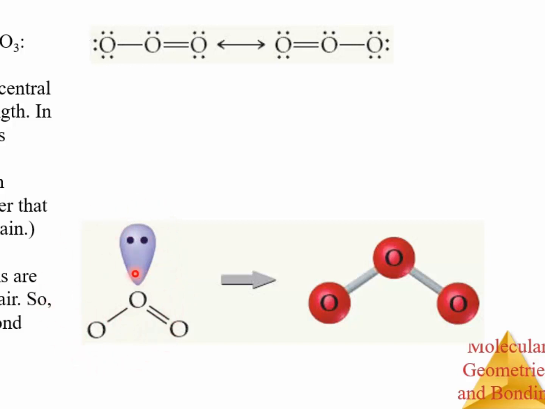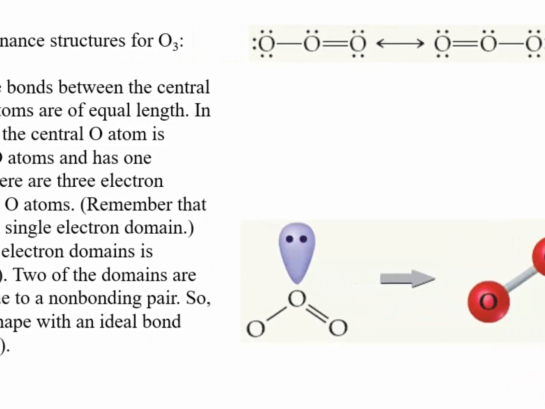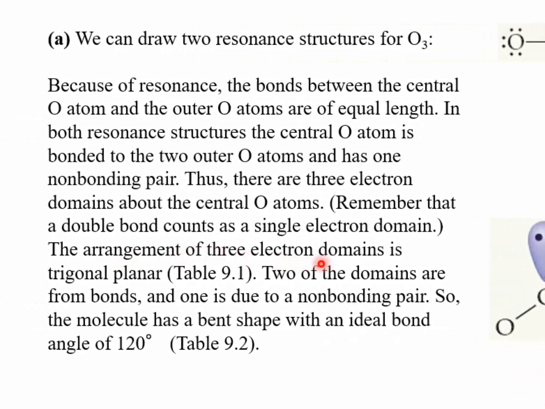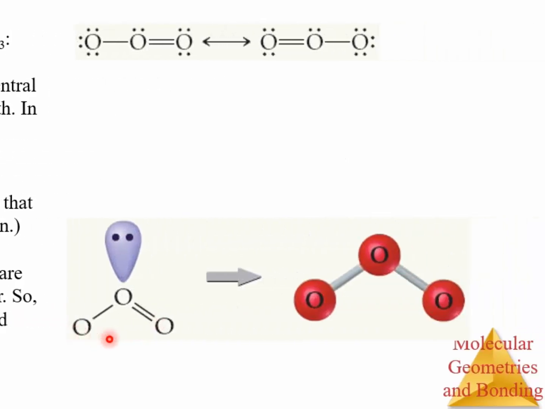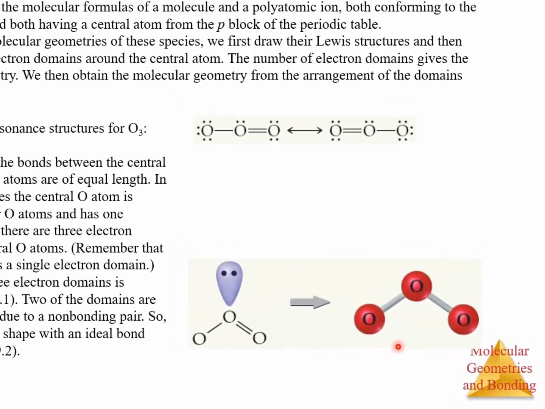So we have 1, 2, 3 electron domains. Now the arrangement of 3 electron domains is trigonal planar, recall from Table 9.1. Now 2 of the domains are from bonds and 1 is due to a non-bonding pair. So the molecule has a bent shape, with an ideal bond angle of 120.